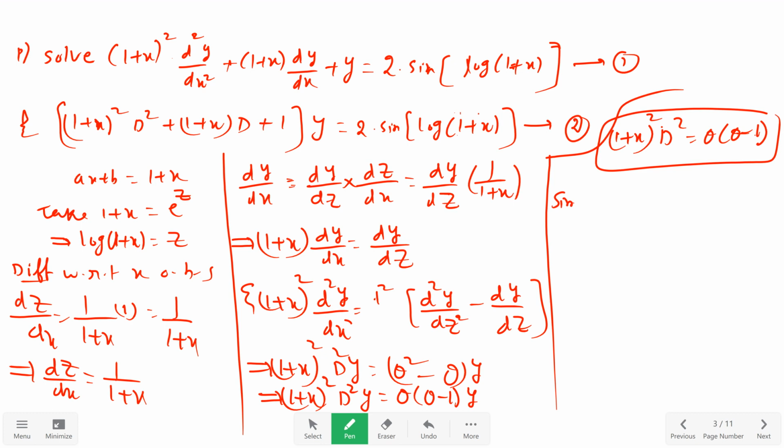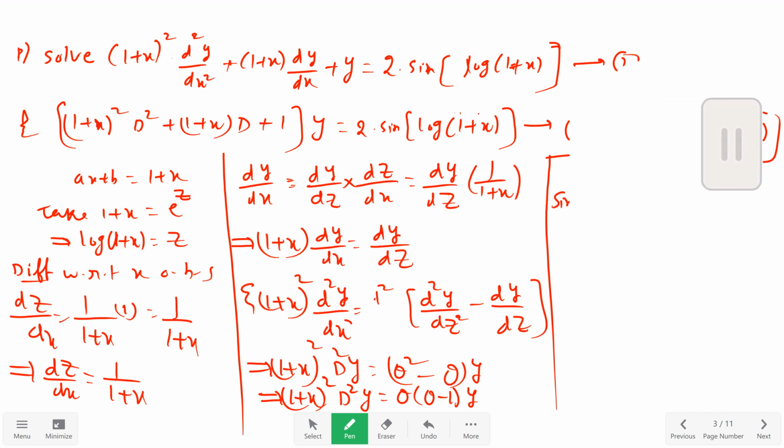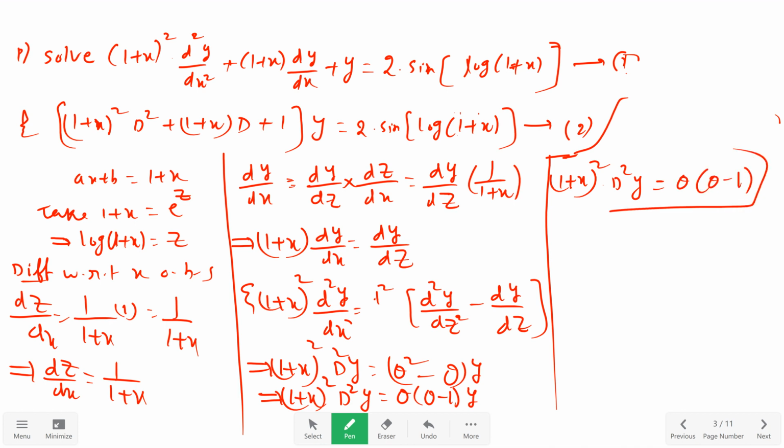Similarly, equation 2. So therefore (1 + x)² d²y = θ(θ − 1).